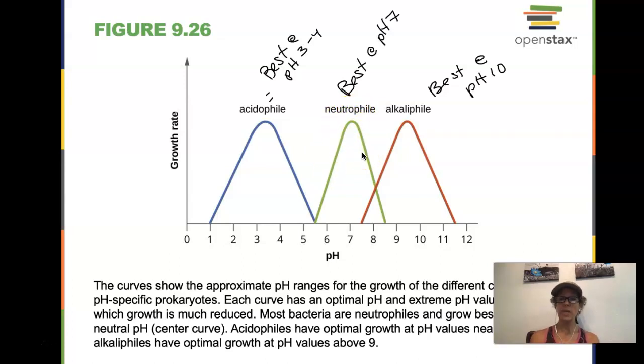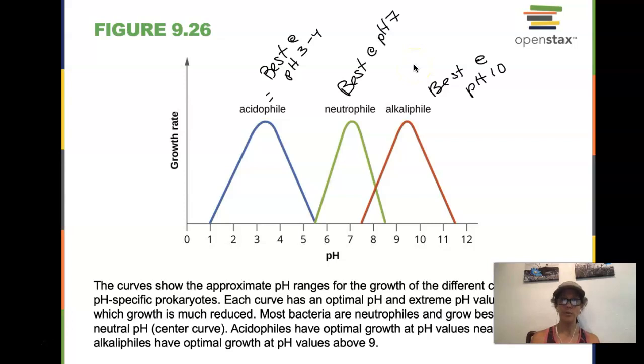A change in pH means a change in the hydrogen ion concentration. The definition of pH is the potential hydrogen ions in solution. If we change the pH, we change the hydrogen ions, and if we change the hydrogen ions, we change hydrogen bonds. Growth depends on enzyme activity.